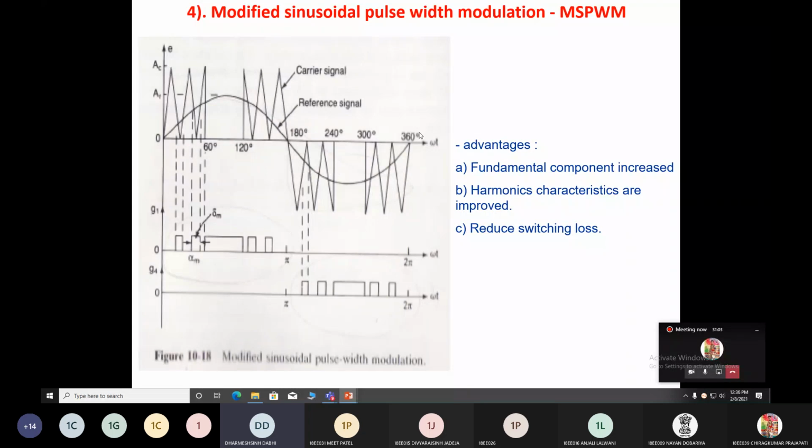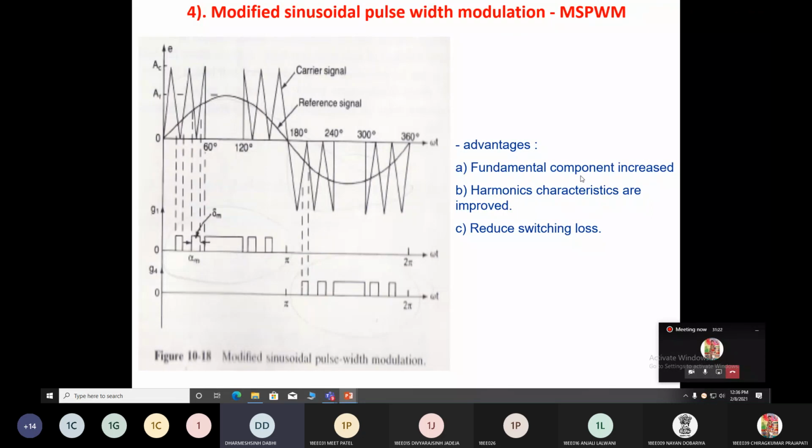So what will happen because of that? You get more fundamental output voltage because the number of pulses per half cycle decreases. You can see that. So the fundamental component will increase.